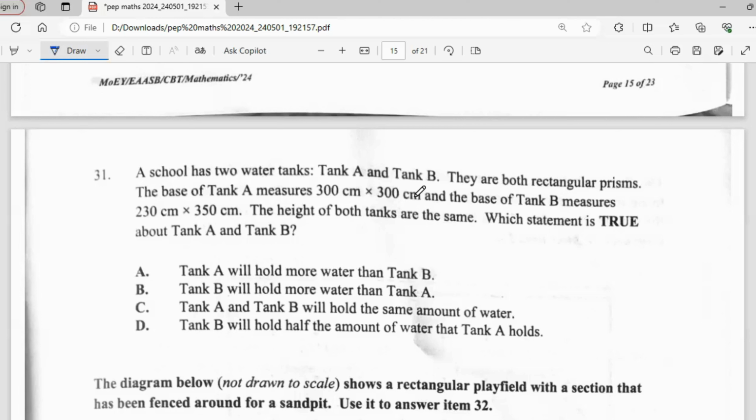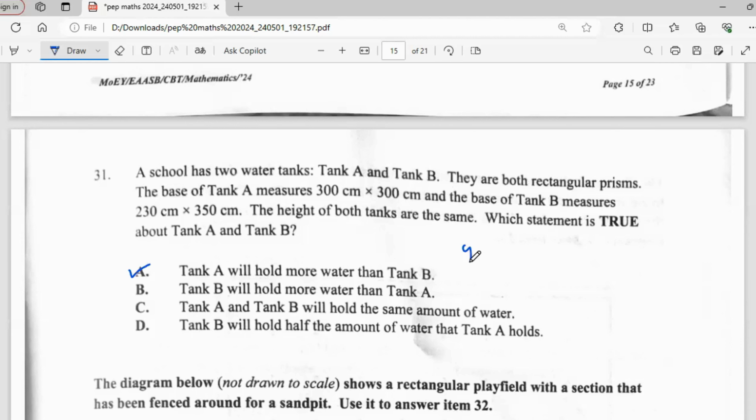So whatever we multiply tank A and B by, tank A will still have the larger value because it already is more than tank B. So the correct answer is that tank A will hold more water than tank B.